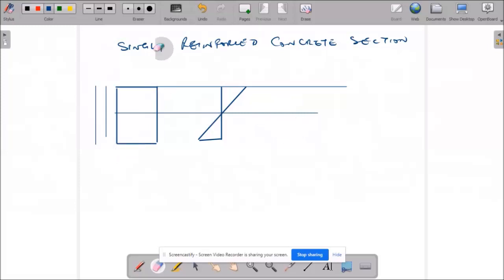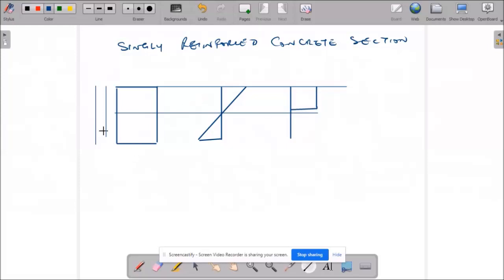So we also go ahead to draw the stress block diagram. I have something of this nature.